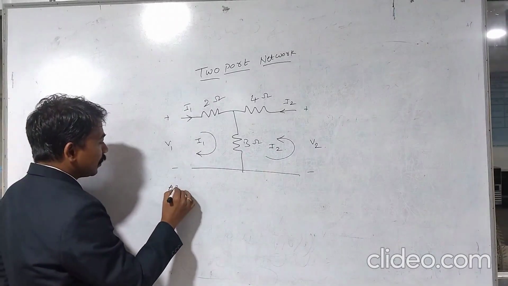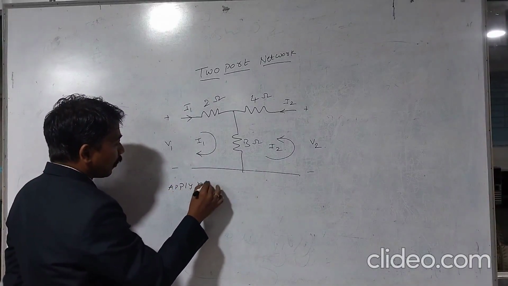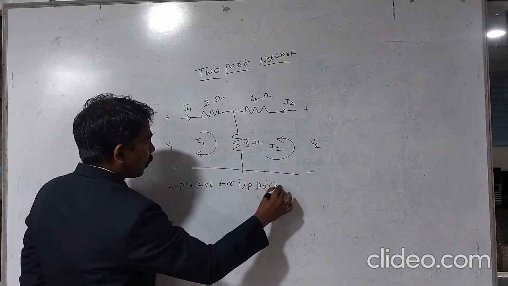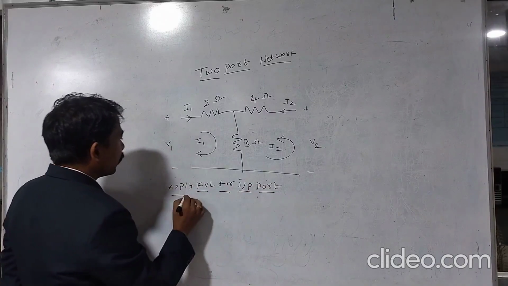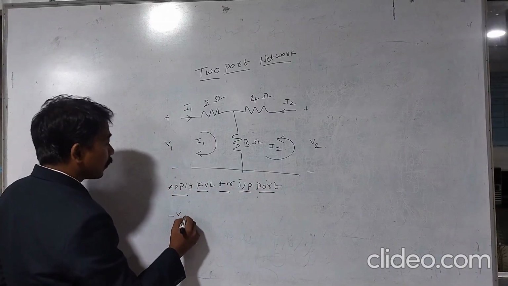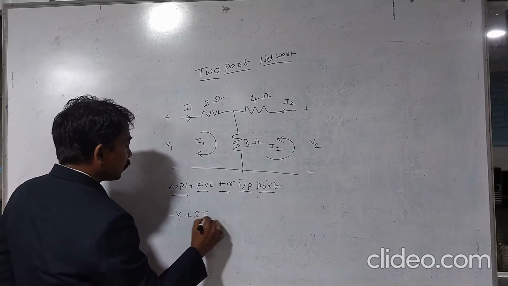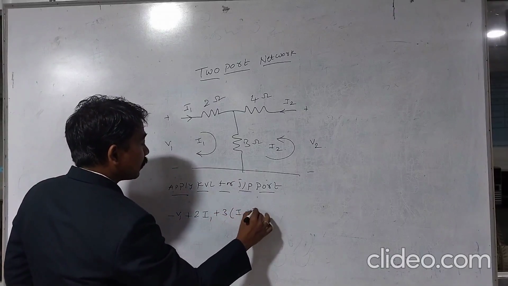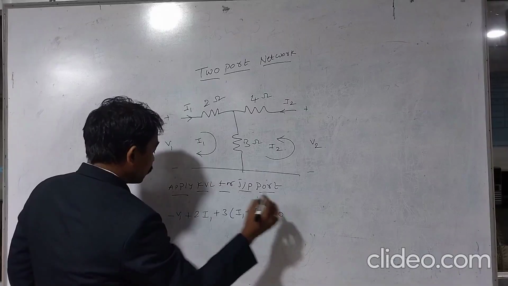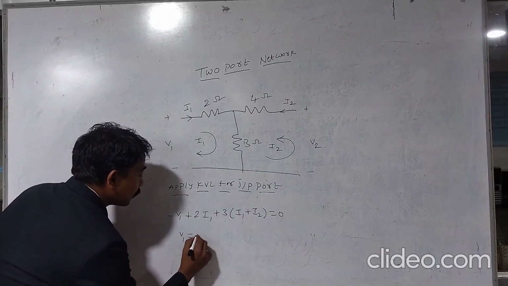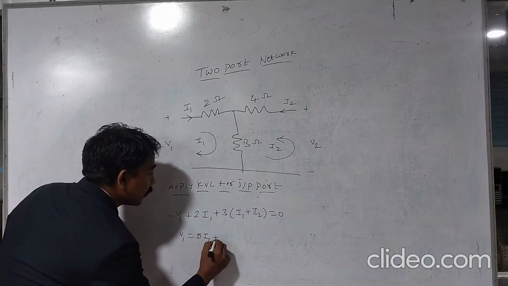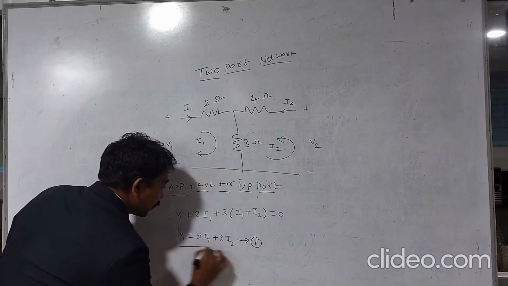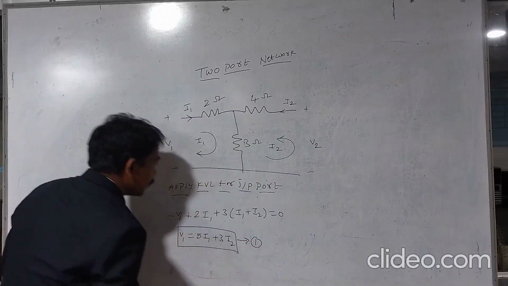So apply KVL for the input port. Minus V1 plus 2 into I1 plus 3 into (I1 plus I2) equal to 0. So V1 equal to 5 I1 plus 3 I2. This is the corresponding KVL equation of port number 1.